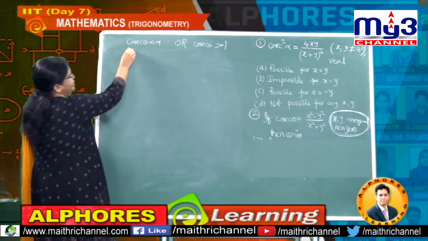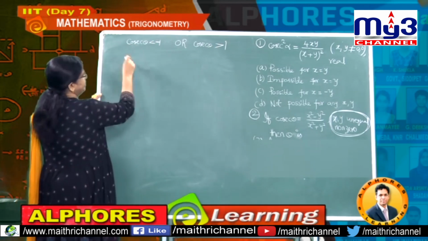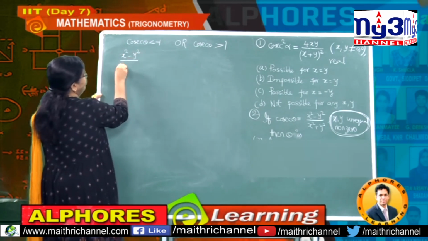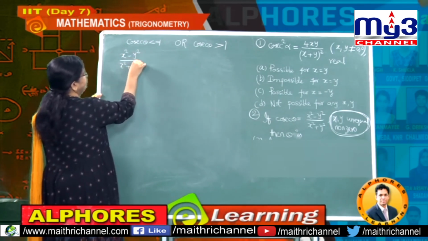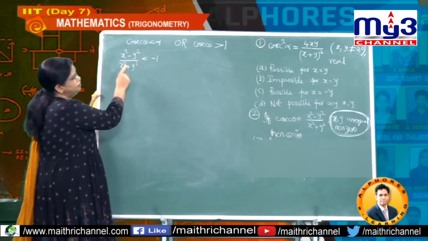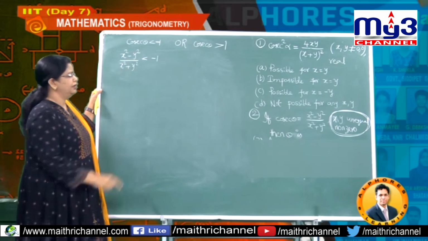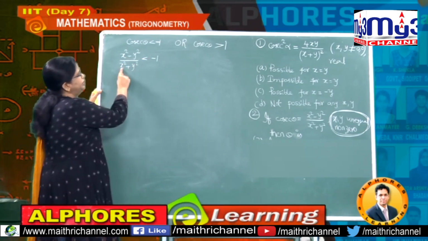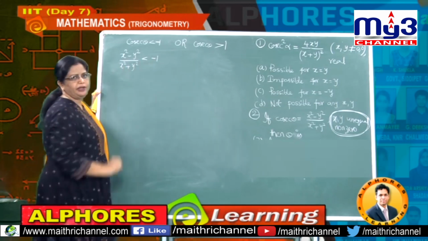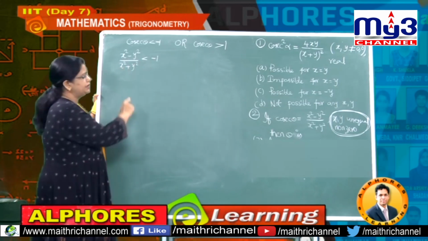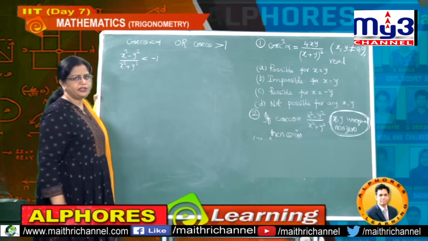Now suppose we substitute this value, because it is given (x square minus y square) divided by (x square plus y square) less than minus 1, and this is a positive quantity, right? X square plus y square is positive, therefore directly you can do cross multiplication. Any time you can't do like this unless the denominator is a positive value.